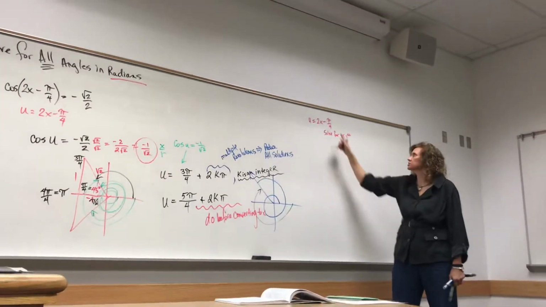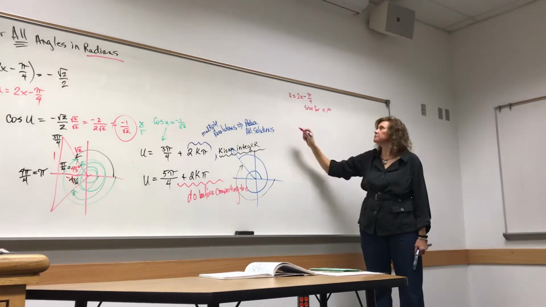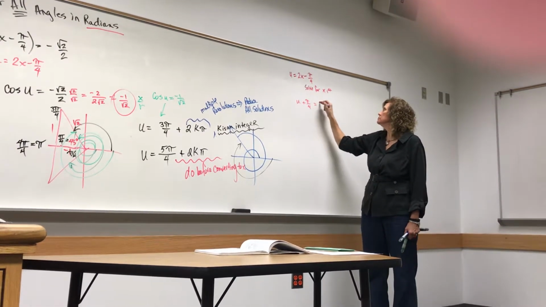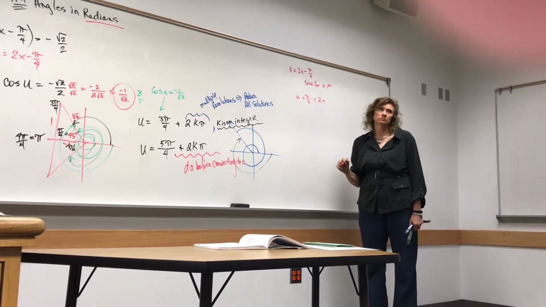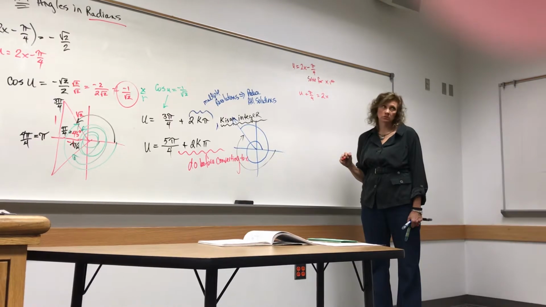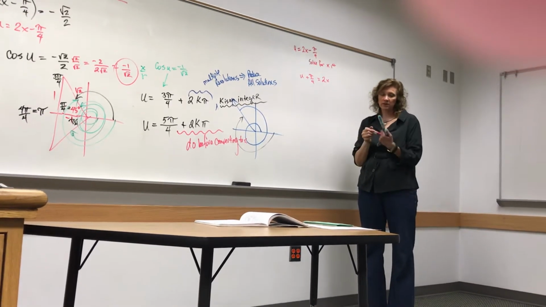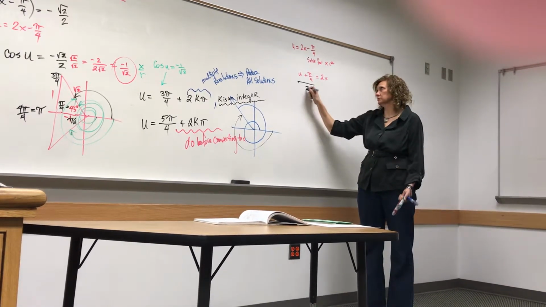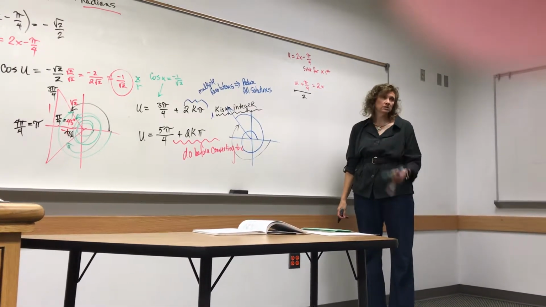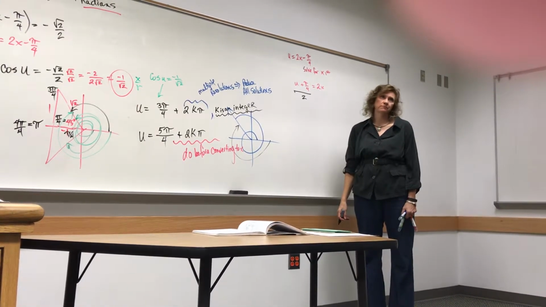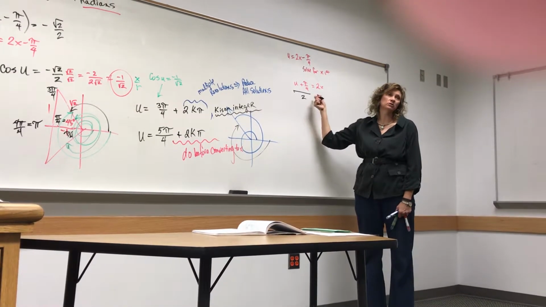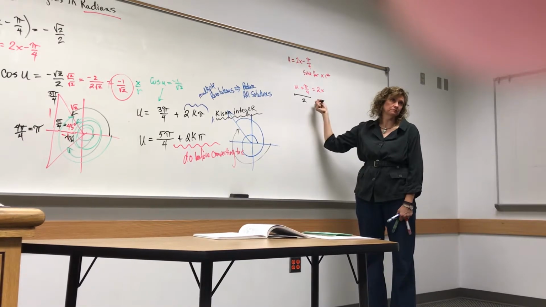I'm going to bring my pi over 4 to the other side. I really don't want to divide by 2. If I divide by 2, I'm going to end up with this. How much do you like looking at that? Do you think I want to see that as an answer on your test? Do you think your calculus teacher is going to want to see this? I didn't do my job if I let you do this.